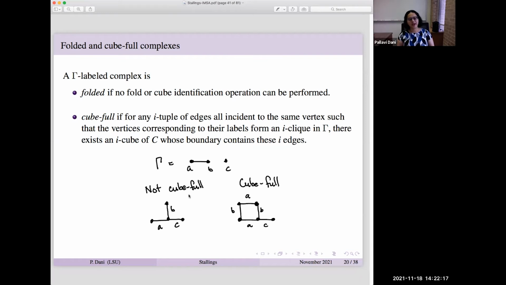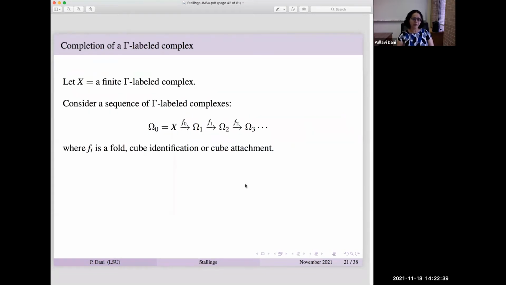So there should be a square representing that relation. On the left, I don't have a square there, so that is not cube full. But on the right, I do have a square, so it is cube full. These are the two properties that we're going to be looking for to know when to stop our folding procedure, our sequence of moves.